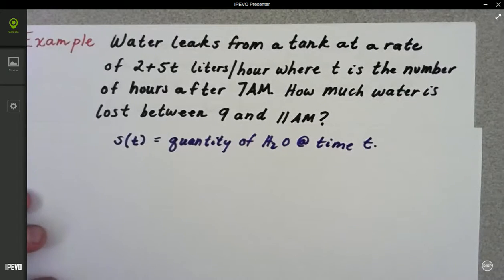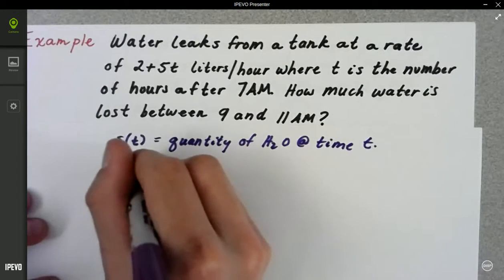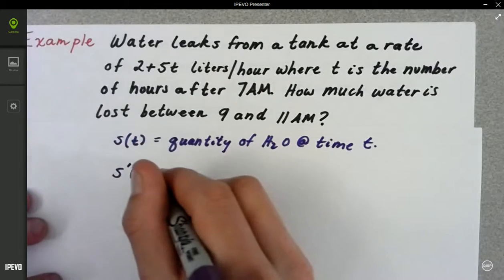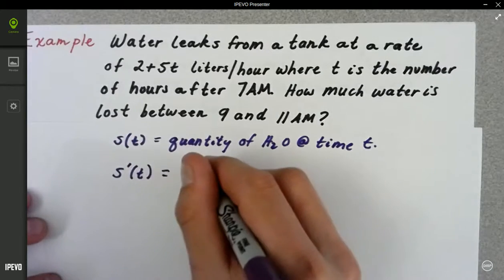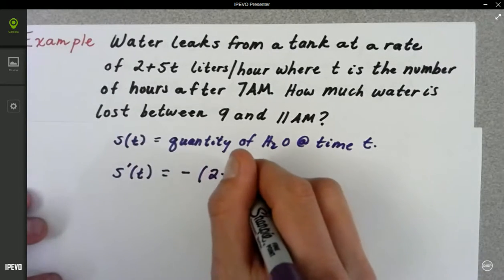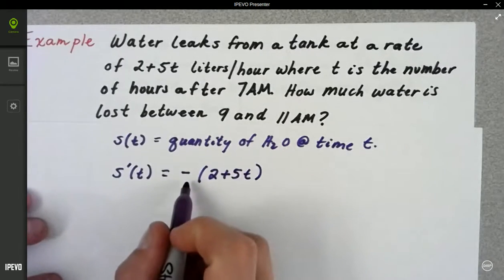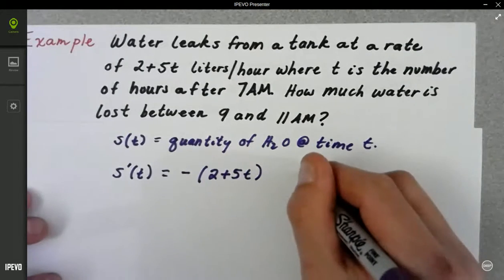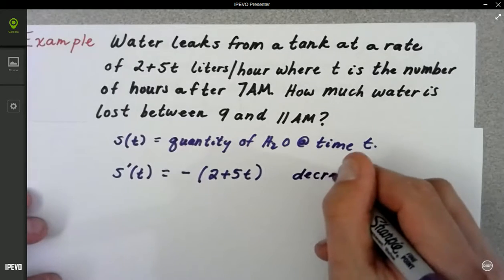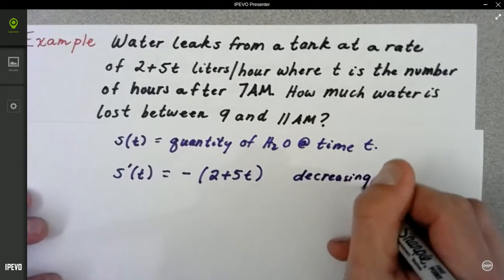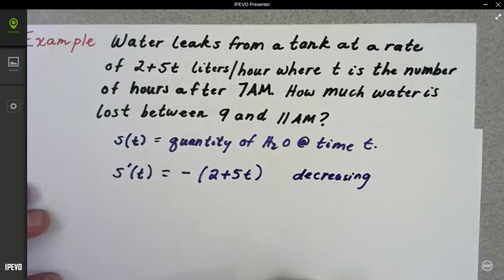Secondly, we know that s prime of t, the integrand, is going to equal the negative of 2 plus 5t. The reason it's negative is because the water is leaking out, it's decreasing, it's leaving the tank.